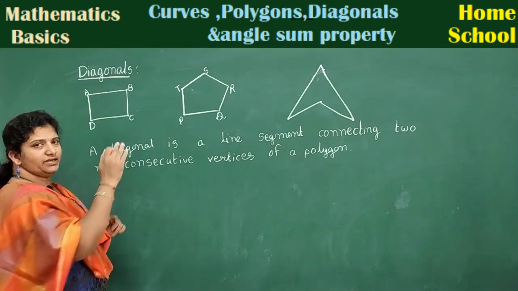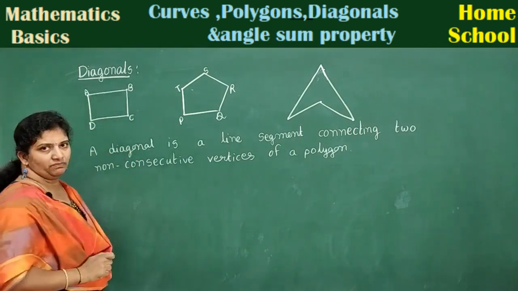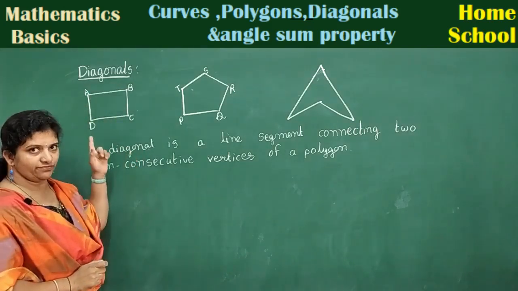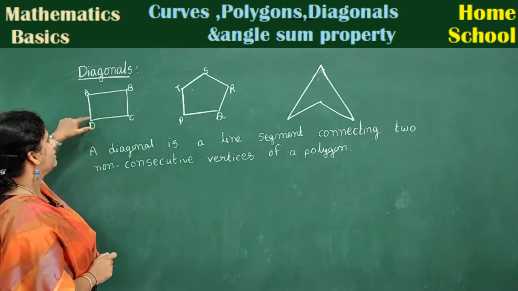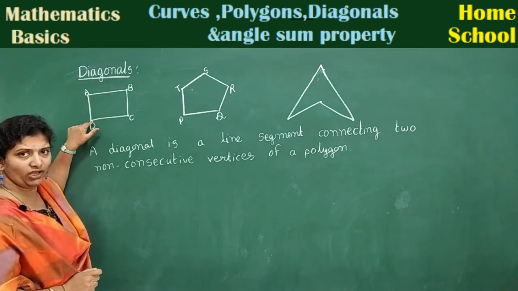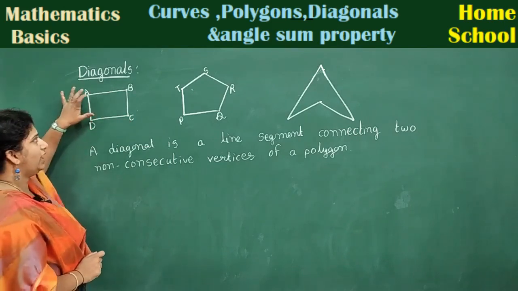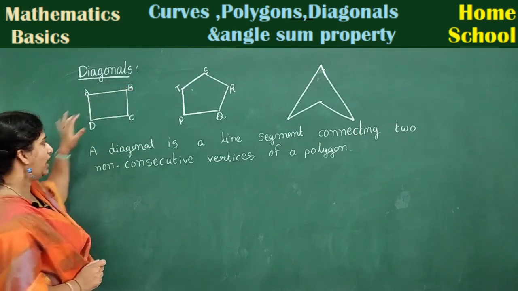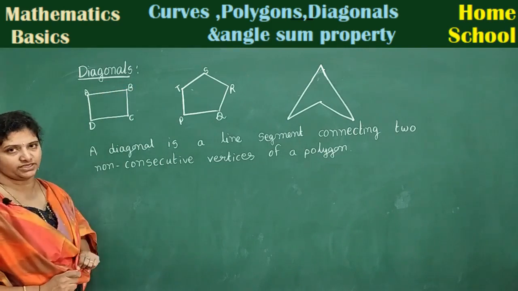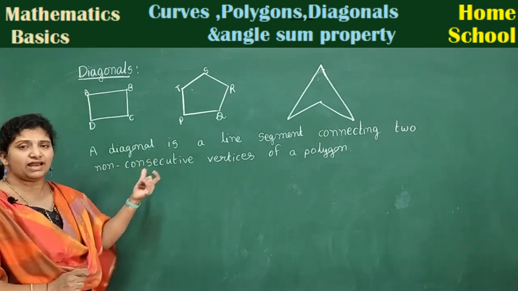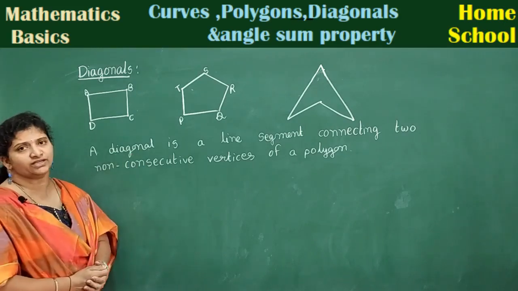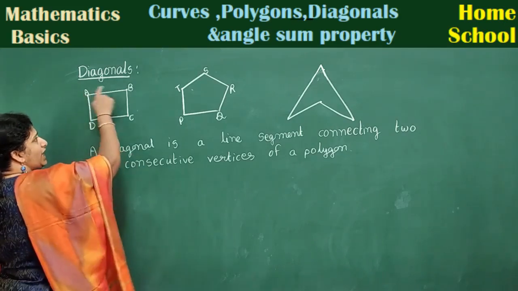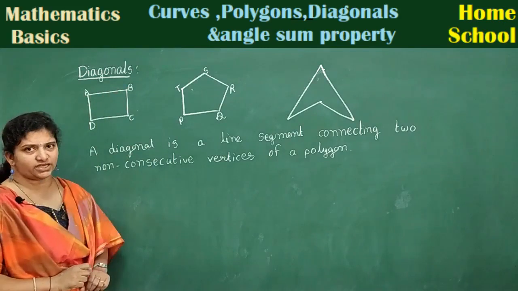Consecutive means continuous: after A you get B. And though it is a closed figure, when you start tracing, before A we get D also. For A, B is consecutive and D is also consecutive. A diagonal is a line segment connecting two non-consecutive vertices. For A, B and D are consecutive.